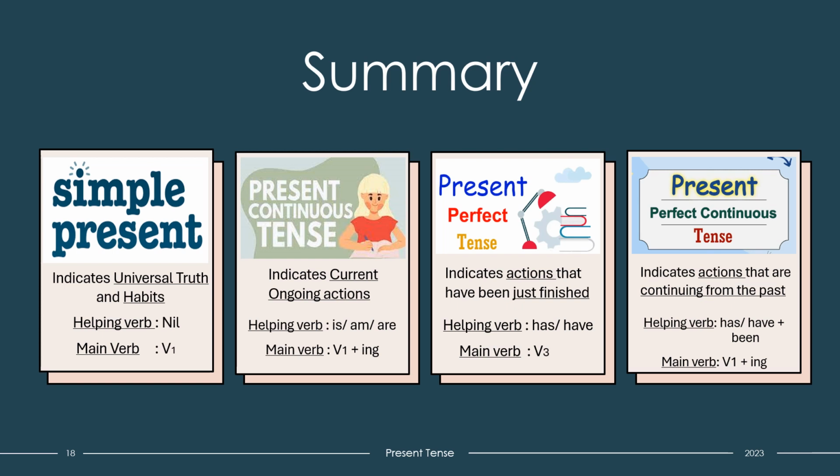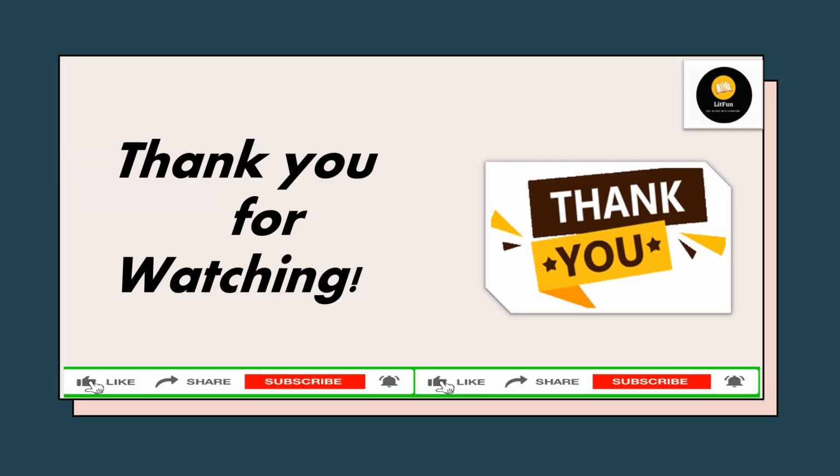Do not get confused that we used is, am, are in simple present tense because there it was not acting as helping verb but it was acting as main verb only. So that's it, and we have successfully completed present tense with this.